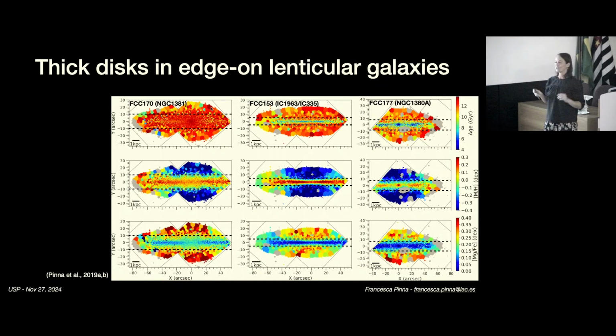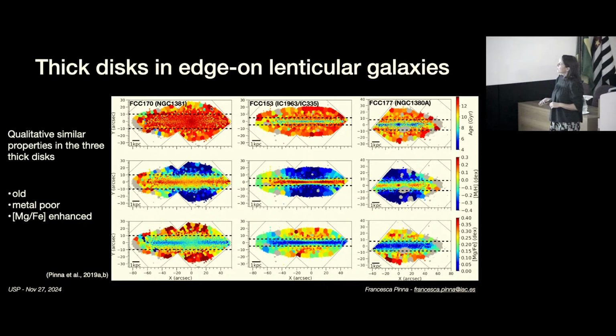So now let's focus on the thick disks. The thick disks in the three galaxies show a similar pattern, which is old ages. If you focus on the regions above and below the two horizontal lines, we see red and orange colors for the ages, so we are talking about very old ages.